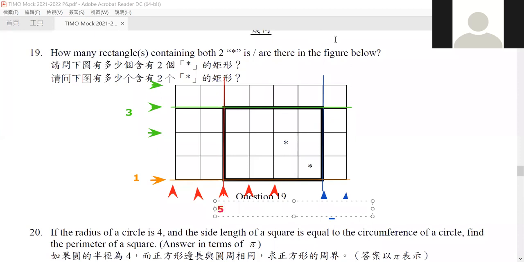A rectangle consists of 4 different sides. So let me write it down now.